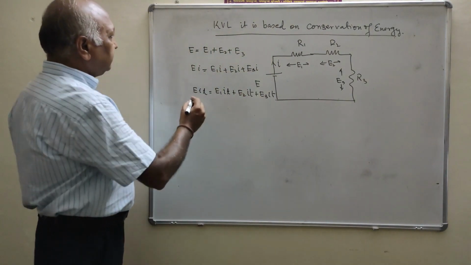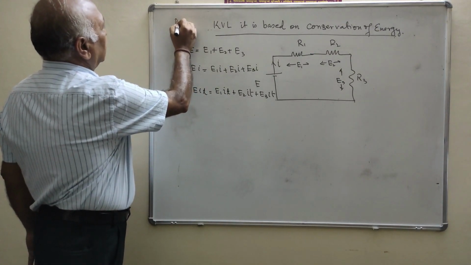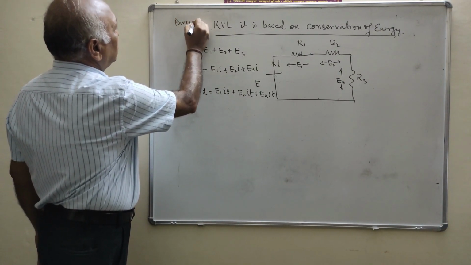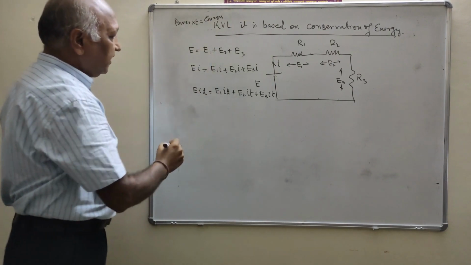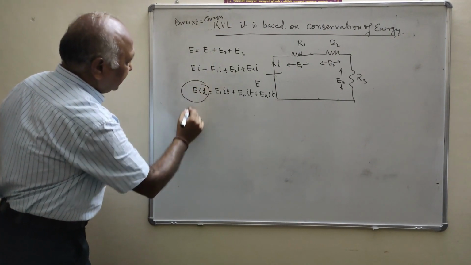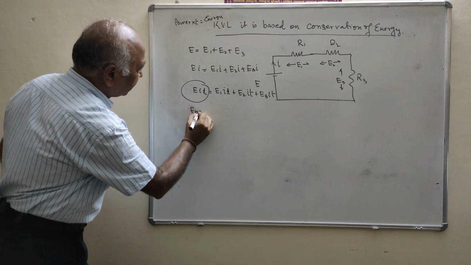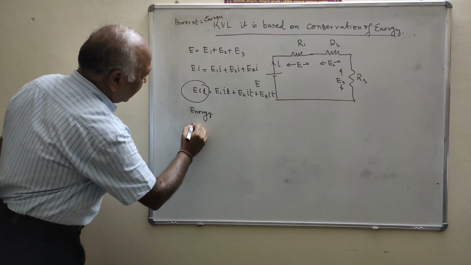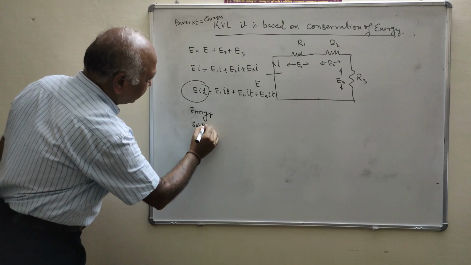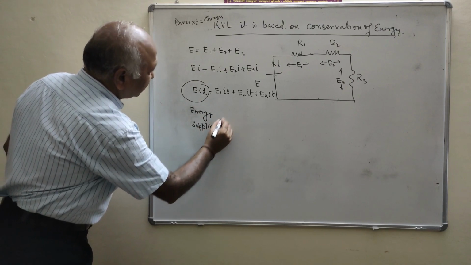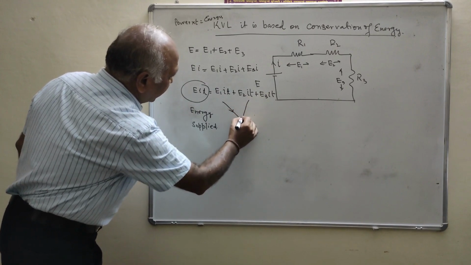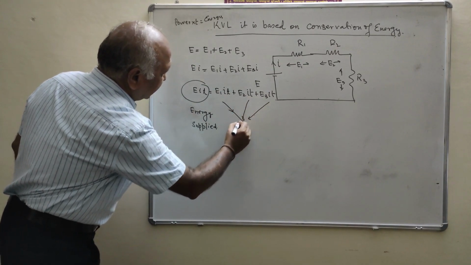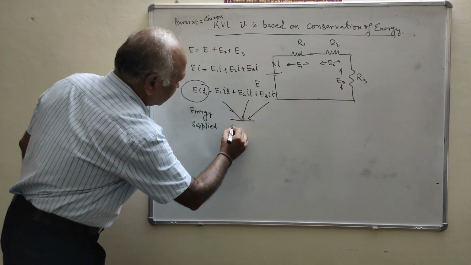Now you will see, what is the power? Power into time, that is equal to the energy. Then what is the EIt? It is the energy supplied. And similarly, E1 It, E2 It, E3 It, it is the energy consumed.